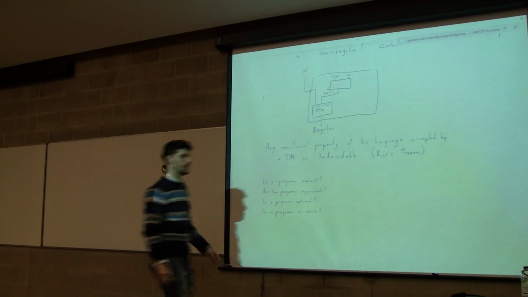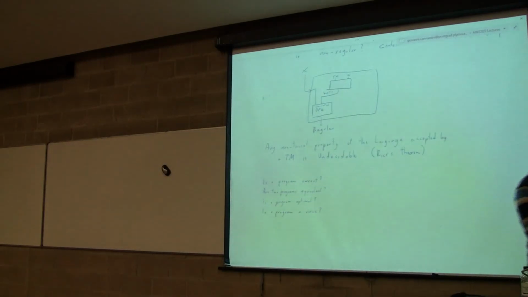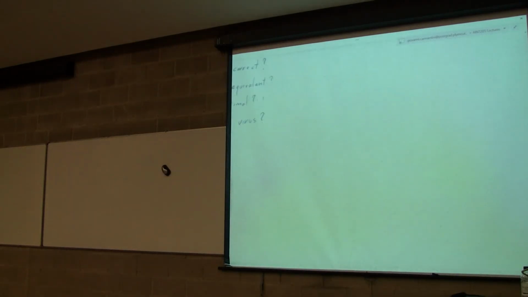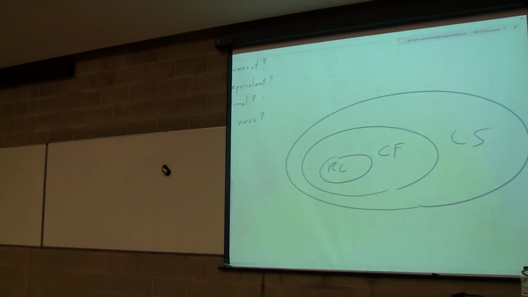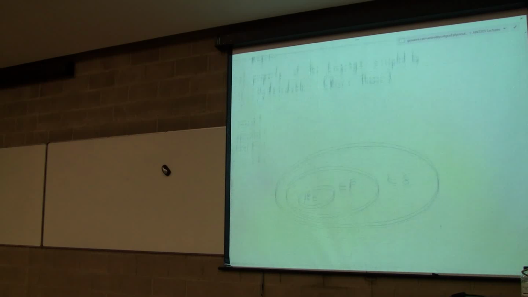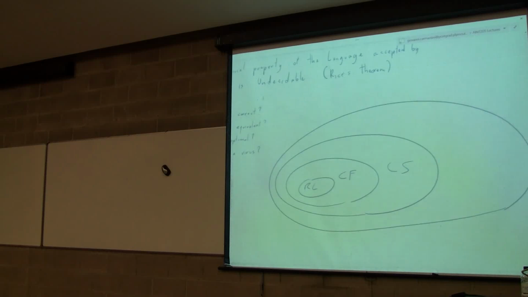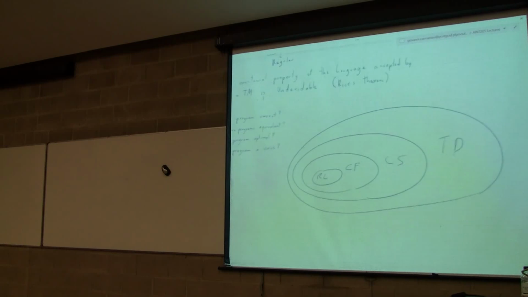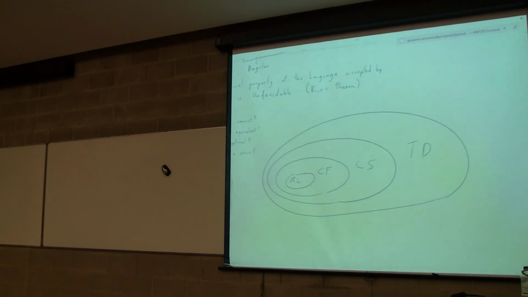So at this time, we're here. So there are regular languages, then you have context-free languages, context-sensitive languages, then you have Turing decidable languages, so you can build a Turing machine to say yes or no, to accept if a string is in the language, to reject if it is not.